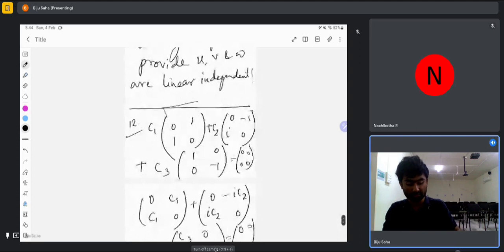That is why these Pauli spin matrices are linearly independent.